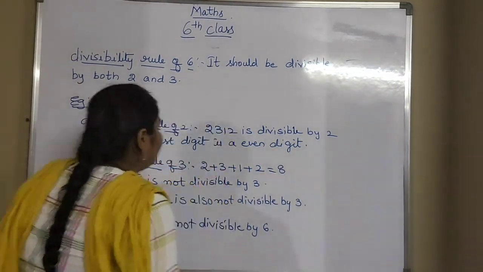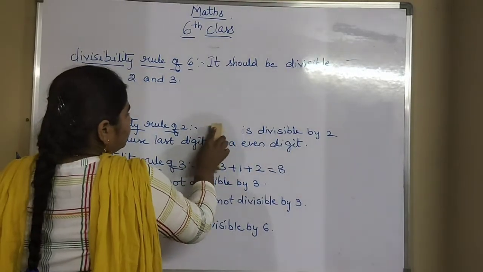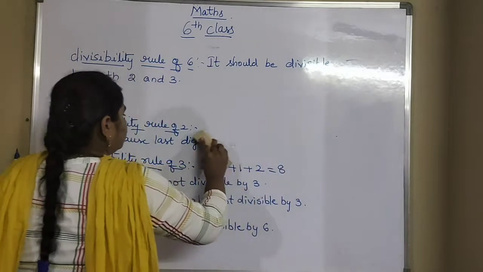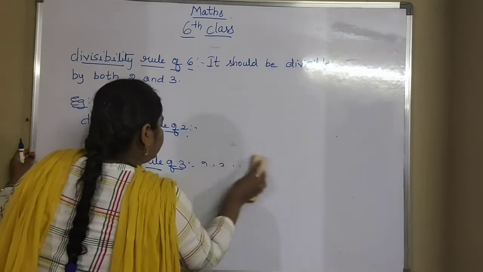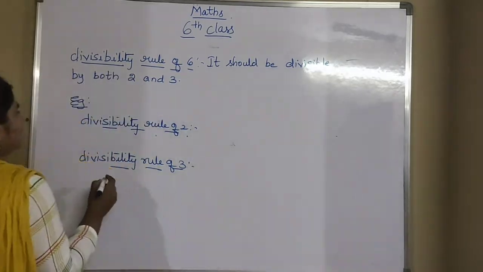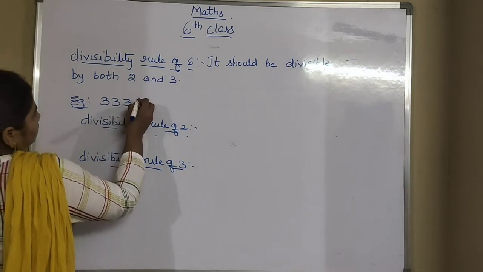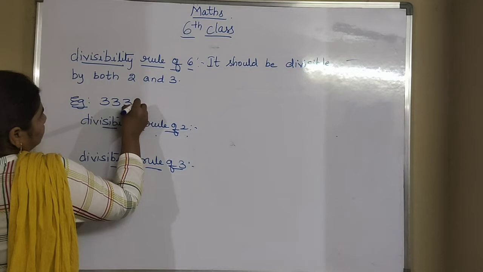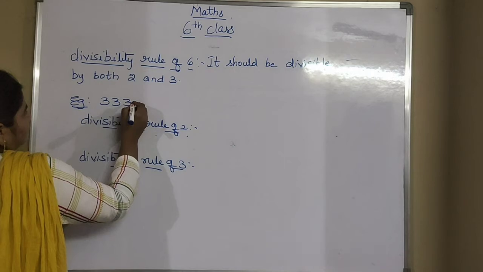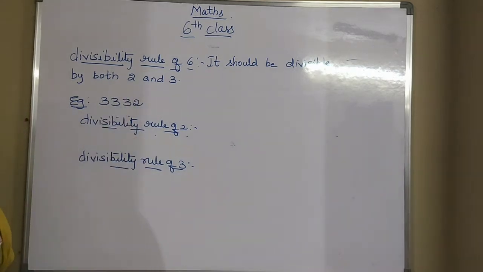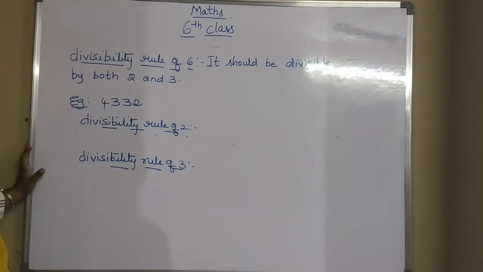So one more example we will take here. So I am changing the number. So I am taking it as 4332.